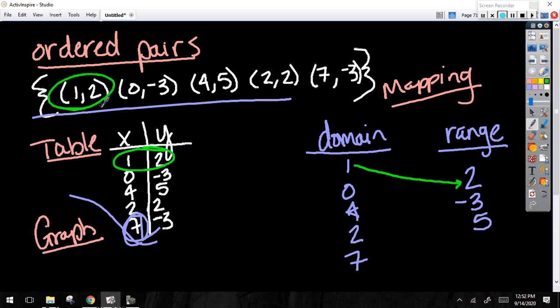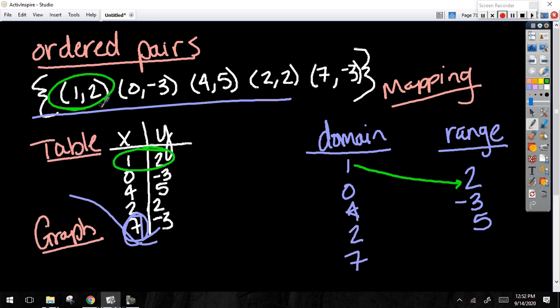Come on, we got you. Well, these two have to go, and then we'll loop back around. So you're looking, 0 goes with what? Negative 3. So you're gonna come here and draw an arrow from 0 to -3. That's all mapping is.